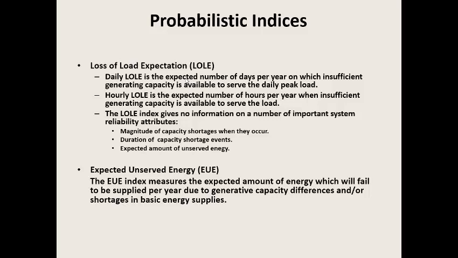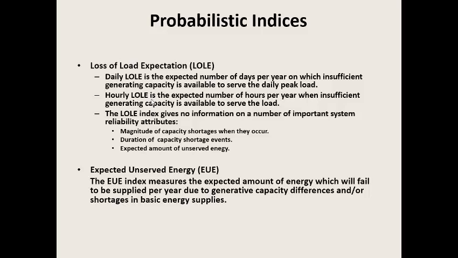So here the concern is whether the daily peak load on a given day was satisfied or not. Therefore, the information that you will need for the computations is only the daily peak loads of the year. The hourly loss of load expectation is the expected number of hours per year when insufficient generating capacity is available to serve the load.